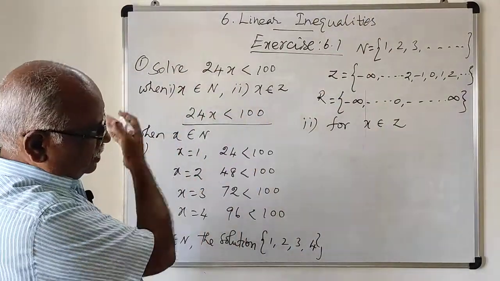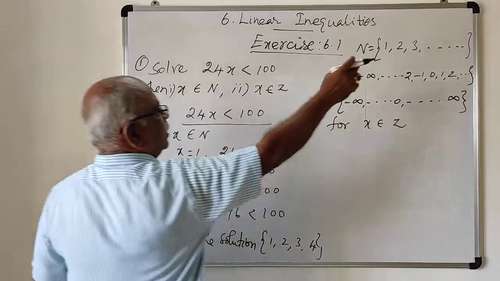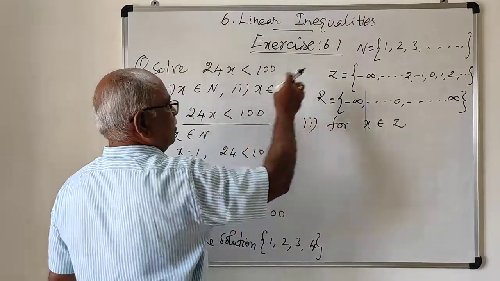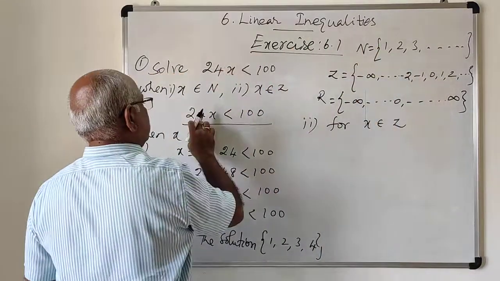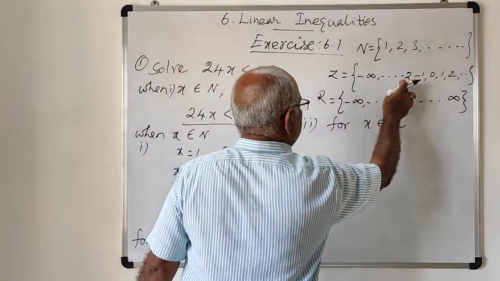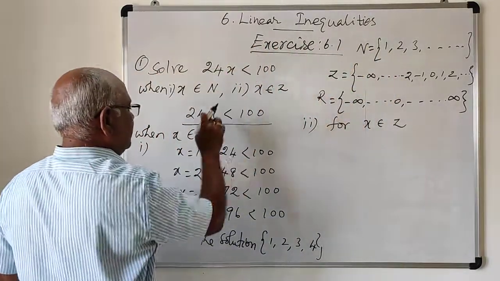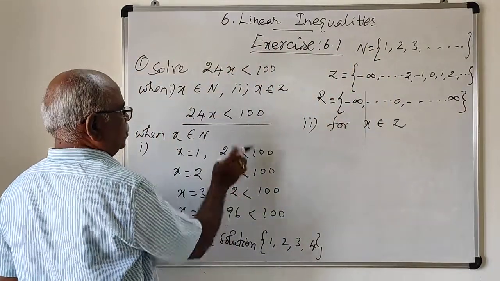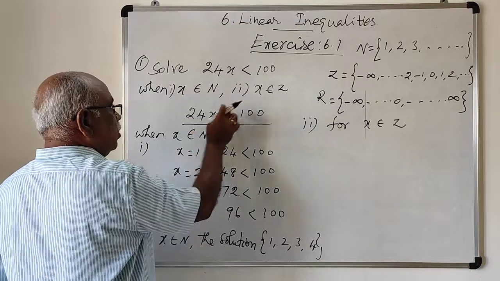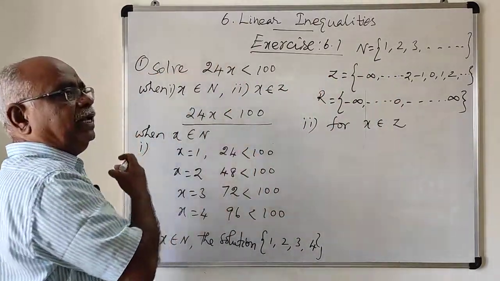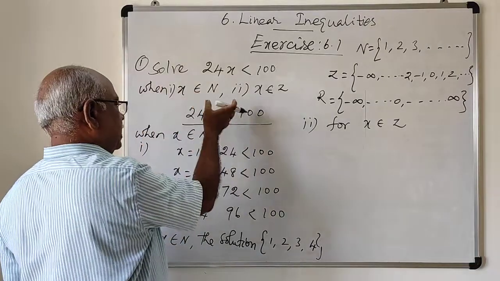But coming to the left-hand side, when x equals 0, 0 is less than 100. When x equals minus 1, minus 24 is less than 100. When x equals minus 2, minus 48 is less than 100. When x equals minus 3, minus 72 is also less than 100. If you substitute any negative number for x, you get negative numbers only. All the negative numbers are less than 100.